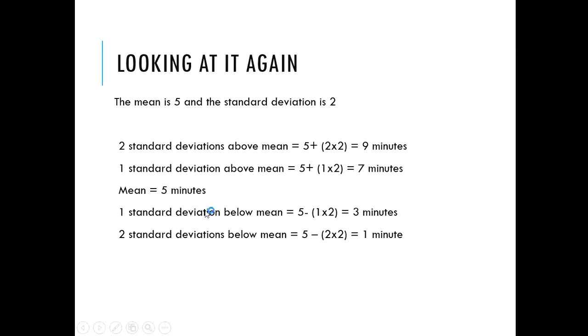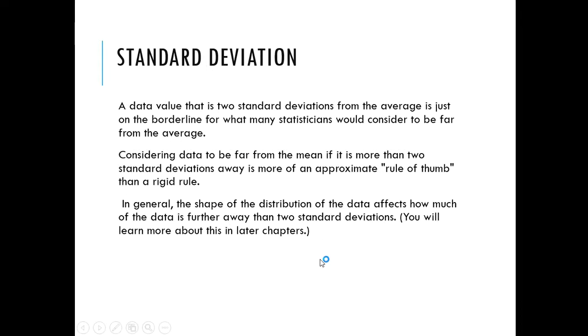So 1 standard deviation below the mean is 5 minus 1 times 2, which gives me 3 minutes. Two standard deviations below the mean is 5 minus 2 times 2, which gives me 1. Basically, that example shows how to use the standard deviations and the mean.